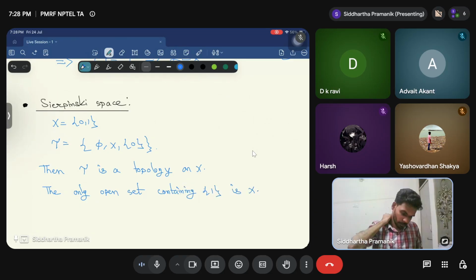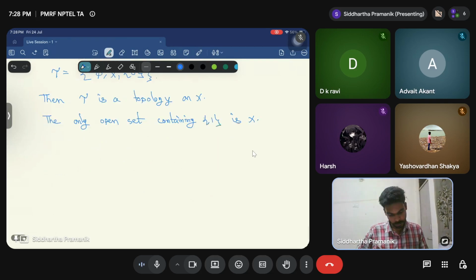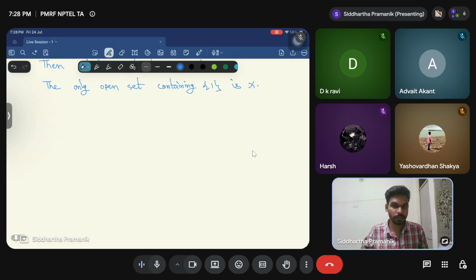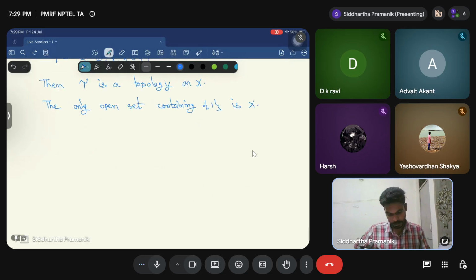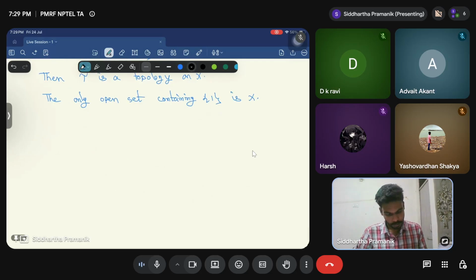So this space is known as the Sierpinski space, and it has some interesting properties. I will come back later because we have not done much of topological spaces. But one more thing that is important here is Sierpinskification. Let me just mention this. From a given topological space, I will create one more topological space.